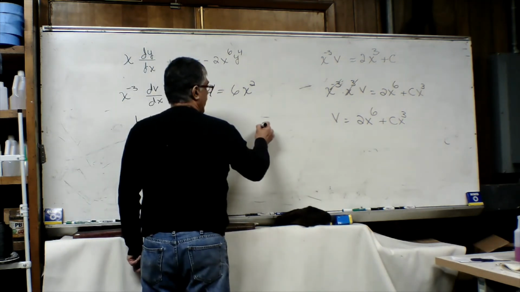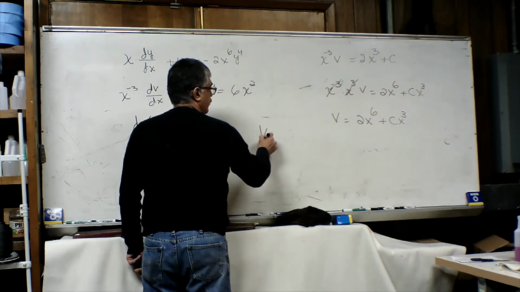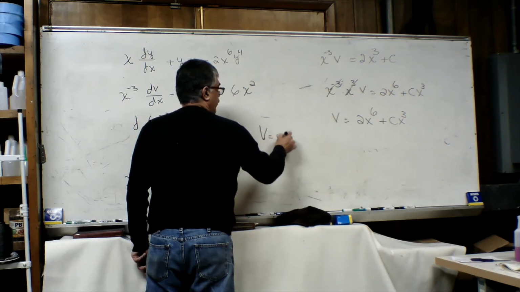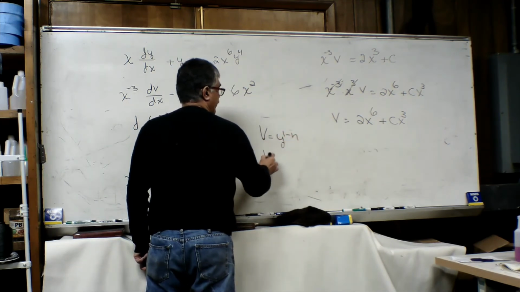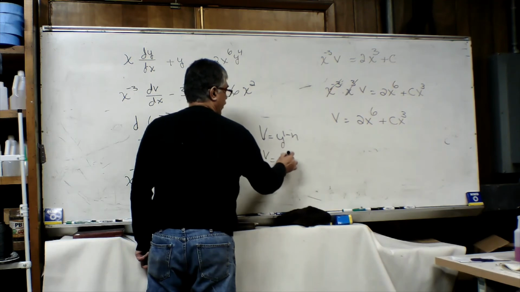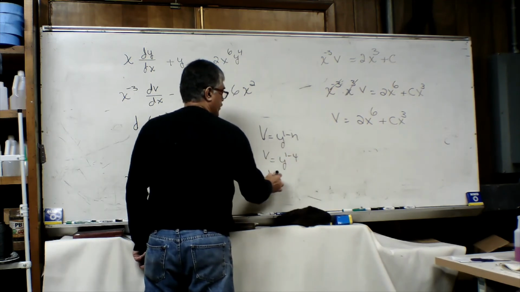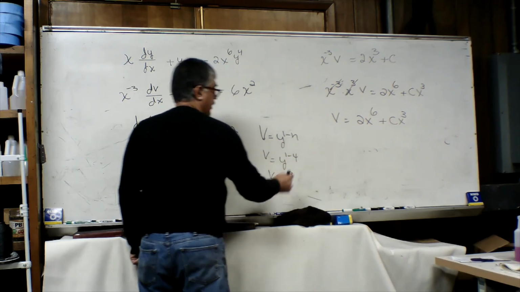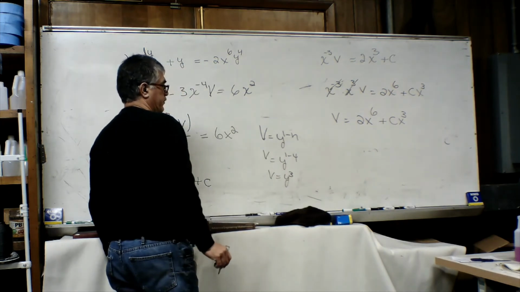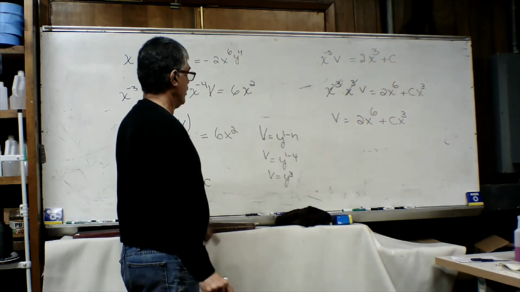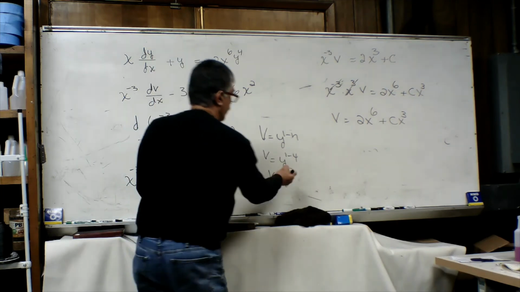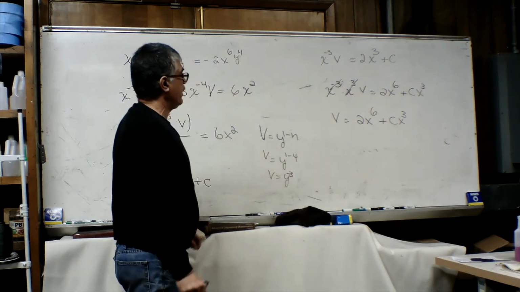And we assumed that v is equal to y to power 1 minus n, which is equal to y to power 1 minus 4, which is y to power minus 3, sorry.